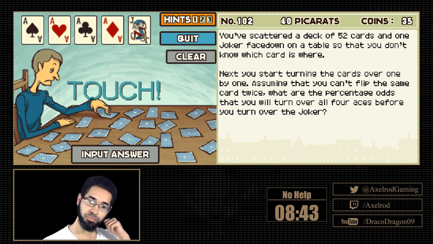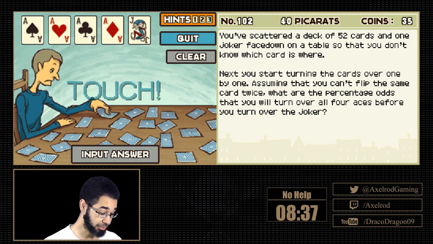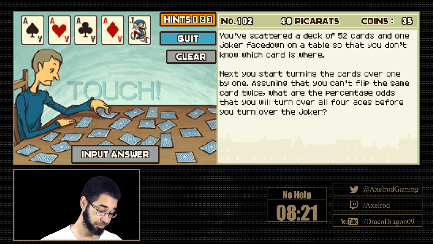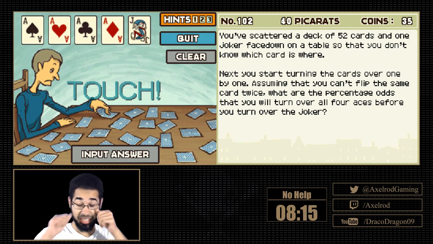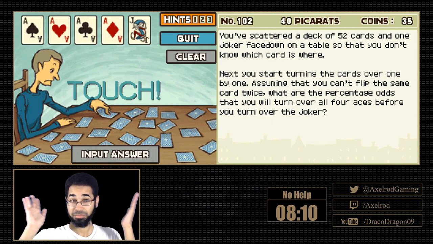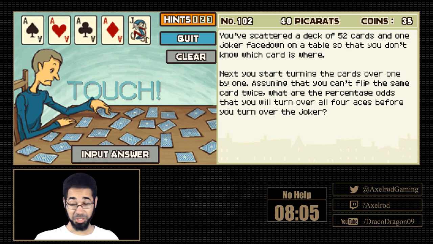Okay, so there are 52 cards and 1 joker. So there are 53 cards on the table. And then while I'm flipping them up, I need to turn over 4 aces before 1 joker. I guess technically I have a 1 out of 53 chance to pick up the joker.